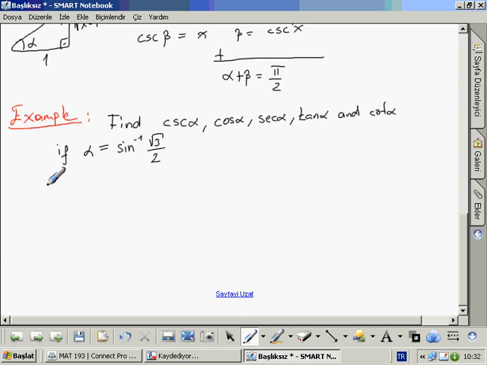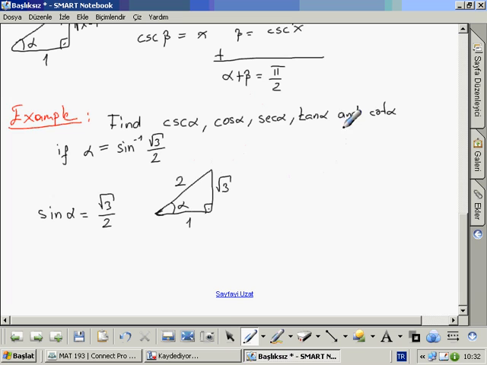Okay, that means sine alpha equals square root of 3 over 2. Let me sketch the right triangle. Okay, alpha, and the square root of 3, 2, and then this will be 1.